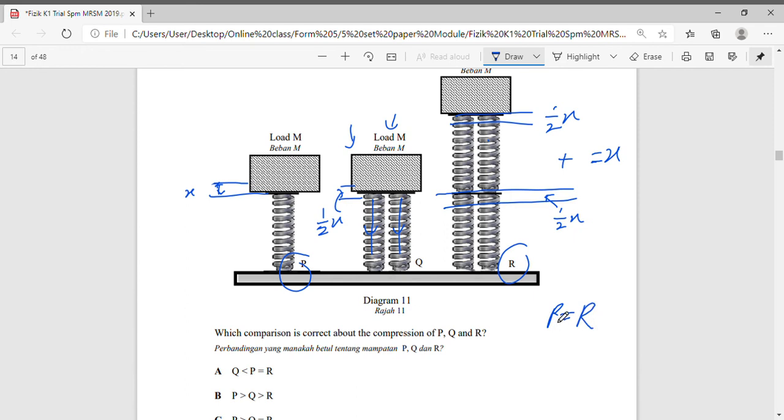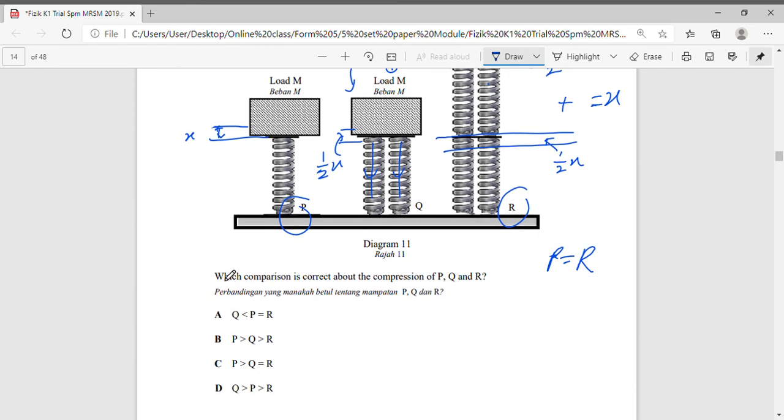Find the answer from here. The best one is Q is less than P equals R. That means P is equal to R, and the compression is higher than Q. So the best answer is A.